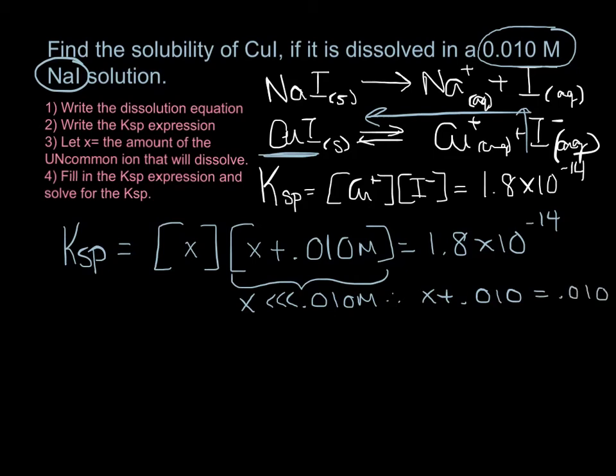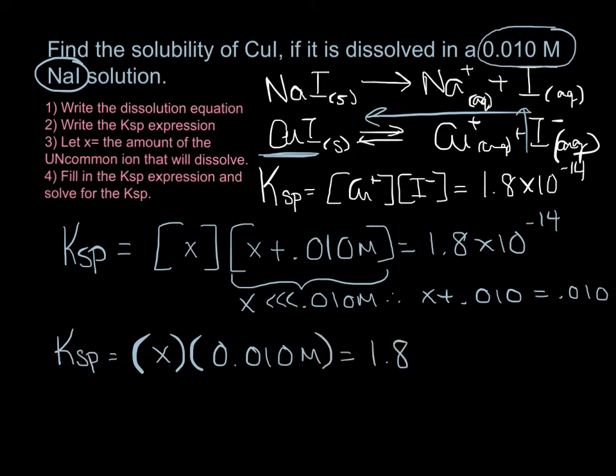That's like saying if you had $1 million and you added 25 cents, it's not really going to change the magnitude of your wealth. So we're going to simplify this expression, so it's just going to be that KSP is equal to X times 0.01, and that's equal to our KSP.